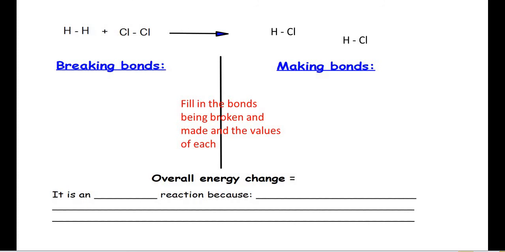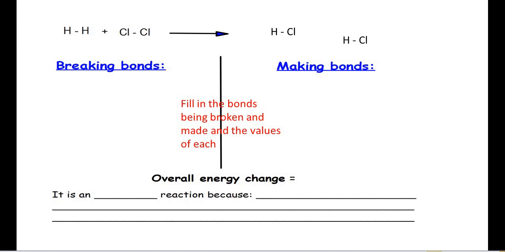And then what you need to do is fill in the bonds being broken and made and the values of each, just as we've done before. And you can see I've set out the equation a bit different. Breaking, breaking, making, making.